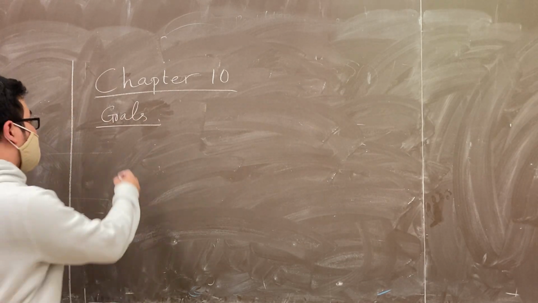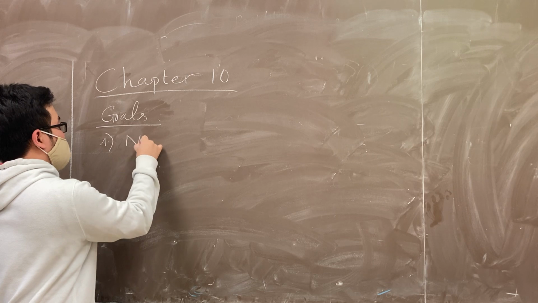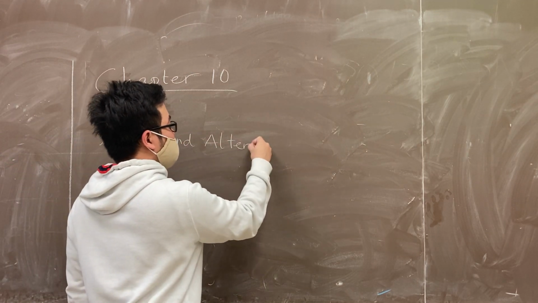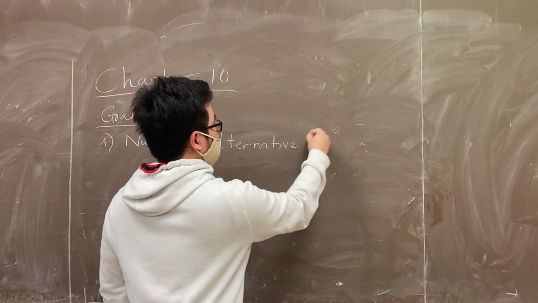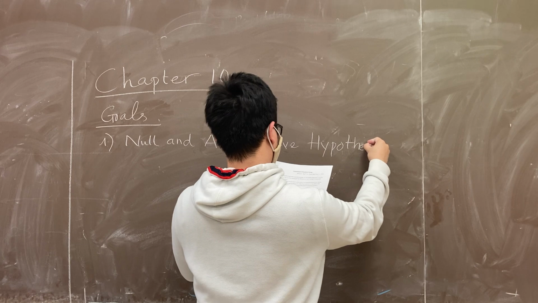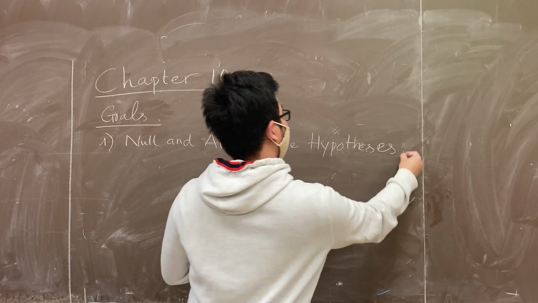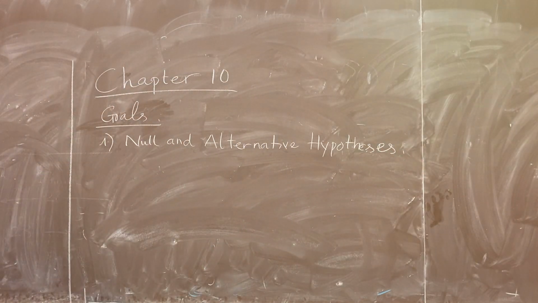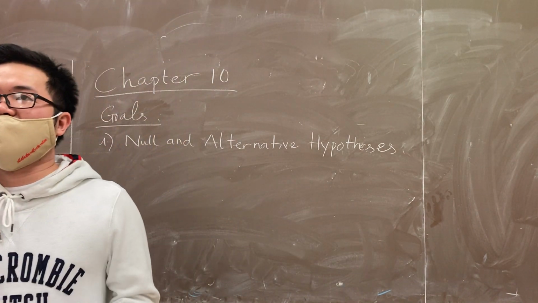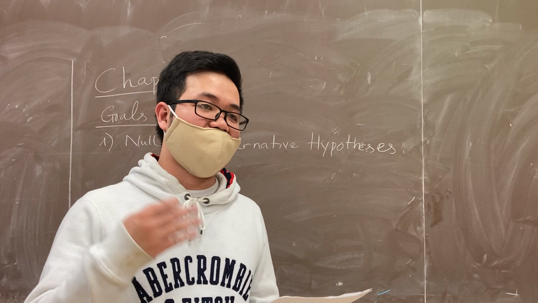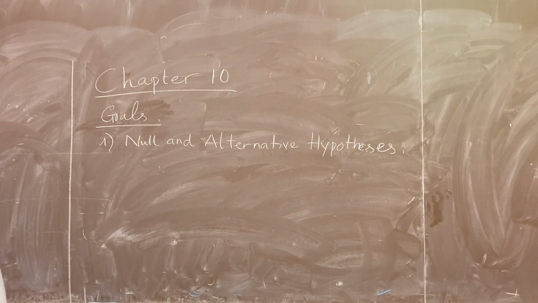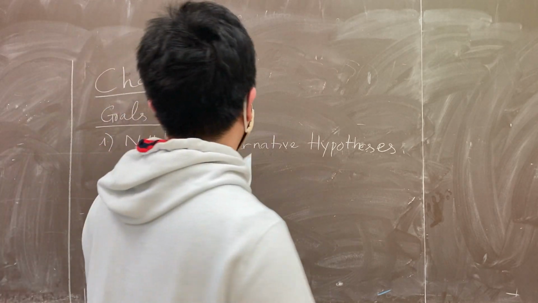The first thing is what the null and the alternative hypothesis are. Today we will not have any calculation. We just focus on the concept and the properties of this concept.